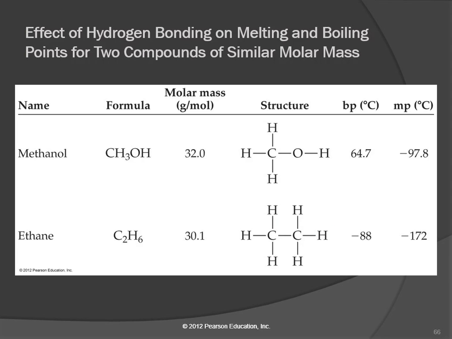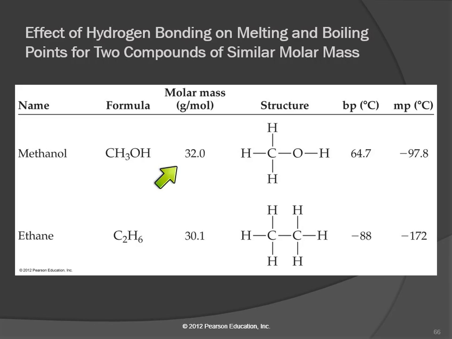If we compare methanol and ethane, so this is a hydrocarbon, we look at the structure of this, and it's all nice and symmetrical. There's no fluorine, oxygen, or nitrogen. And here's methanol. And here we have an oxygen-hydrogen bond. Phone home, fluorine, oxygen, or nitrogen bonded to hydrogen.